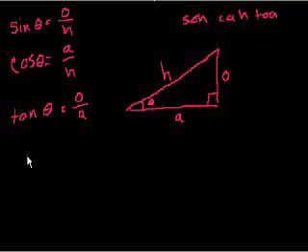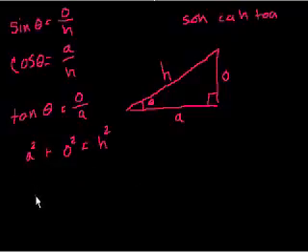So we could write that down. A squared plus O squared is equal to the hypotenuse squared, right? And then, this is just an equation. So if we want to, we could divide both sides of this equation by h squared, and so what do we get?